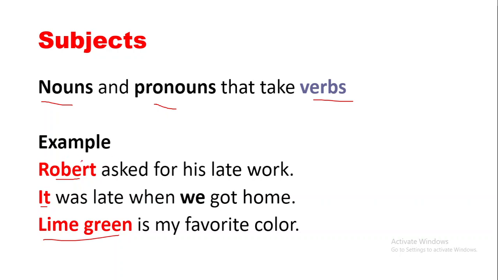Why? Because Robert requires a verb. Similarly, it was late, so was is the main verb here. And why do we use this verb? Because we require it for the subject. Lime green is my favorite color. So lime green is a subject because it takes the main verb, and that is here.